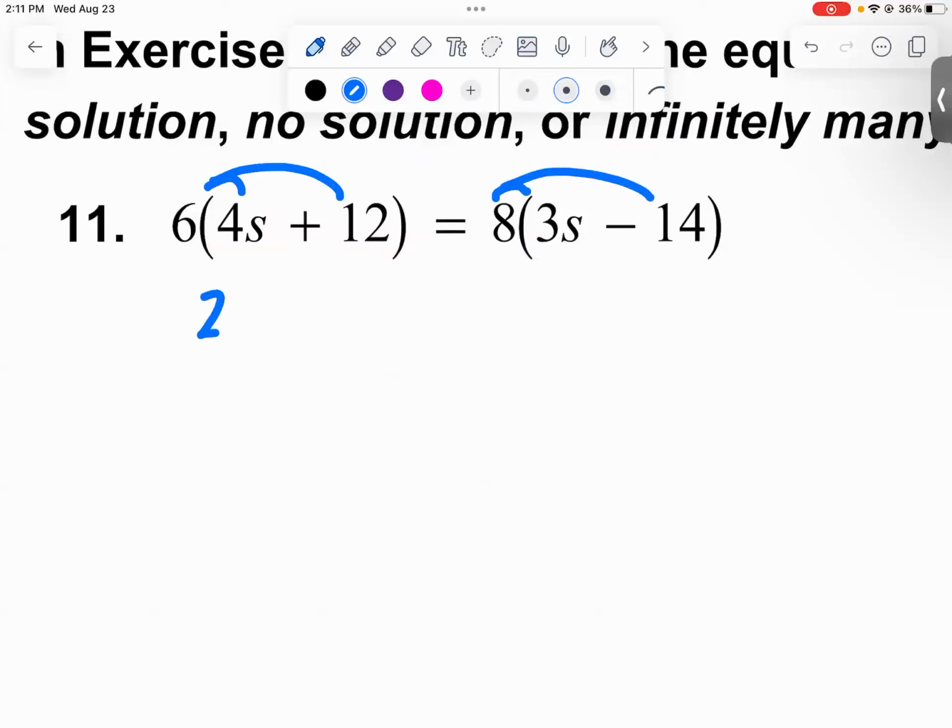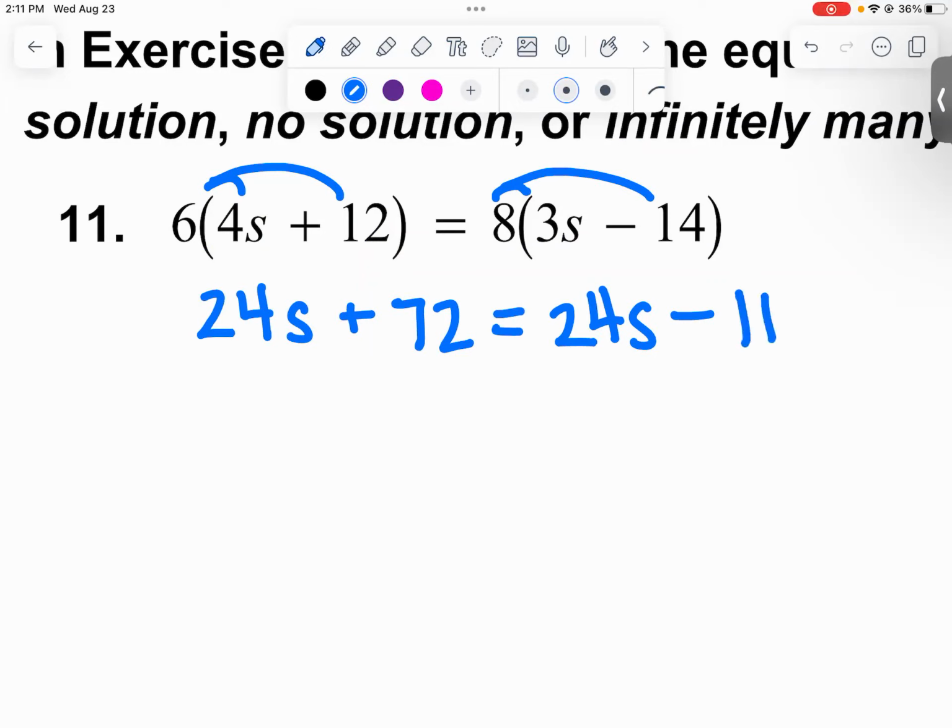So we get 24s plus 72 equals 24s minus 112.